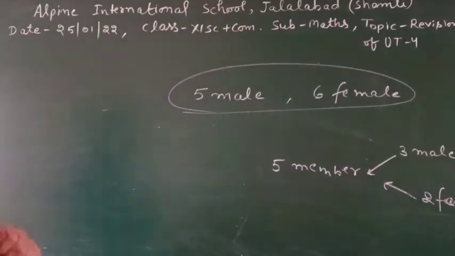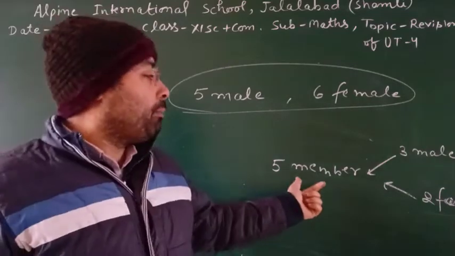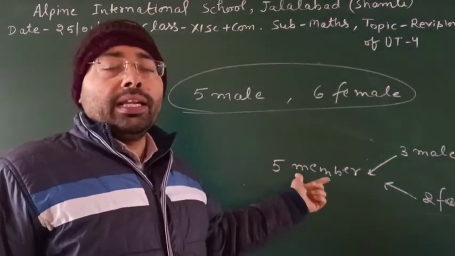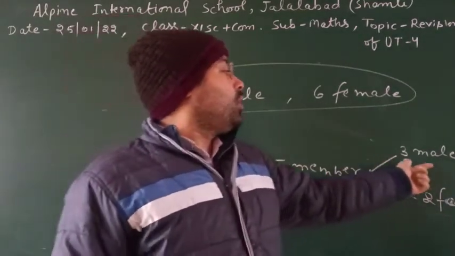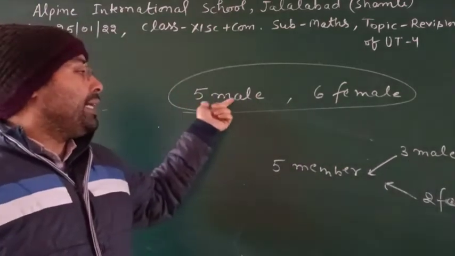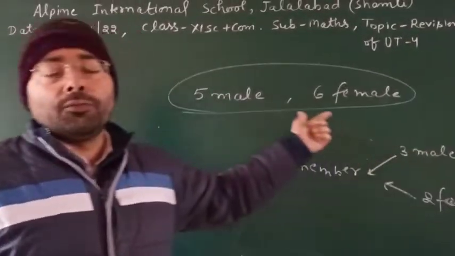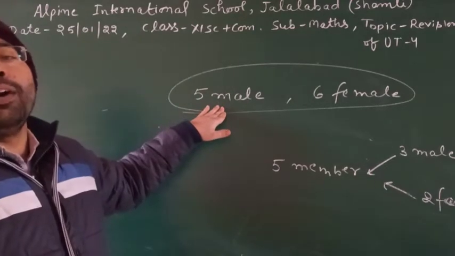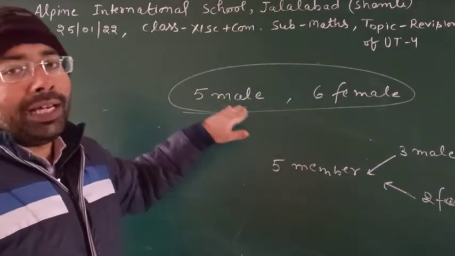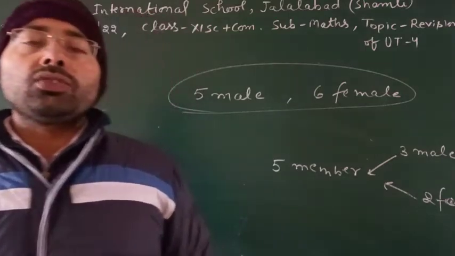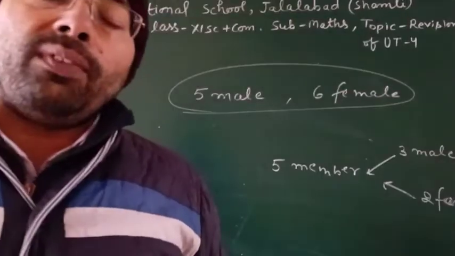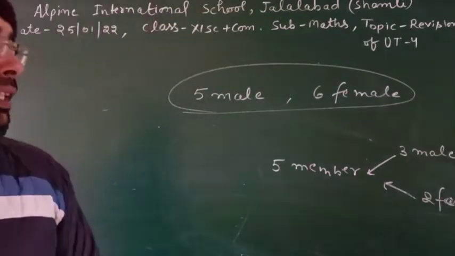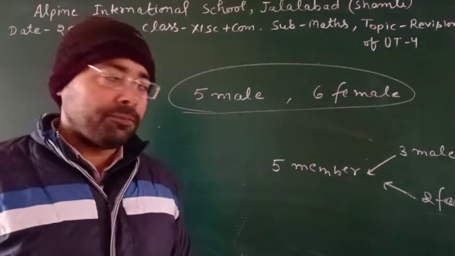जो कमेटी बनानी है उस कमेटी में हमें 5 मेंबर रखने हैं, और इन 5 मेंबर में 3 तो होंगे मेल, and that will be selected from the 5 male by 5C3. So 5C3 is the total number of ways by which you can select 3 male out of 5.